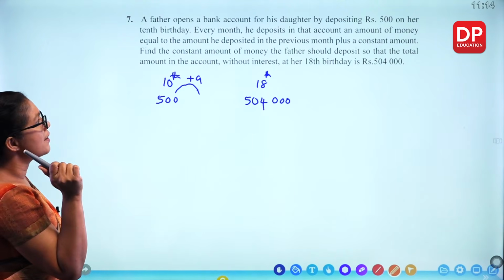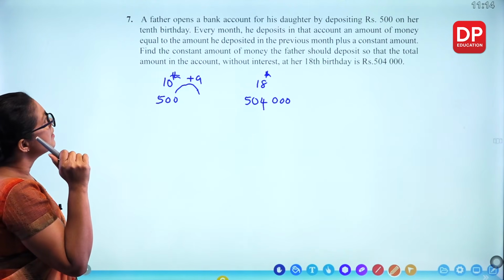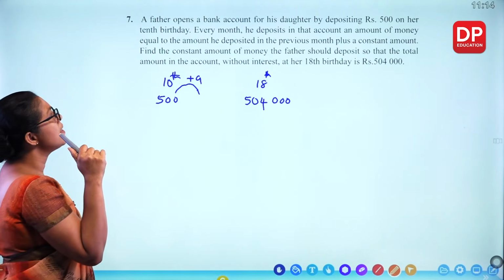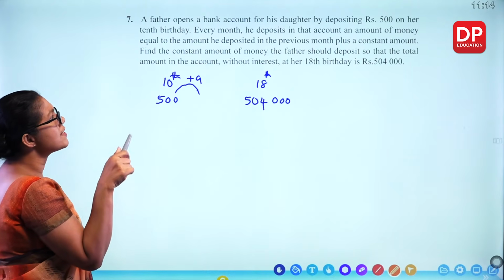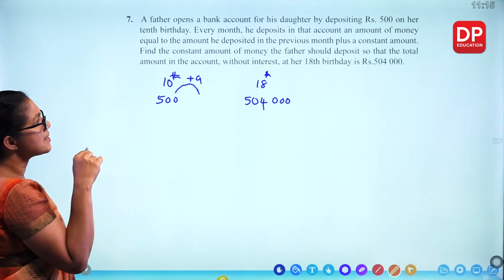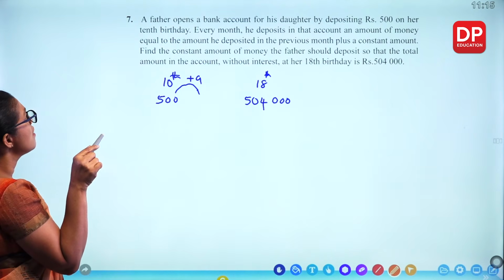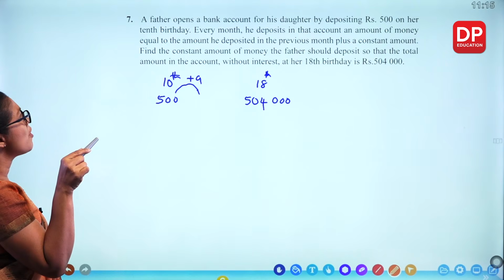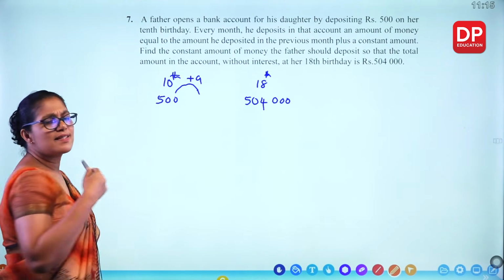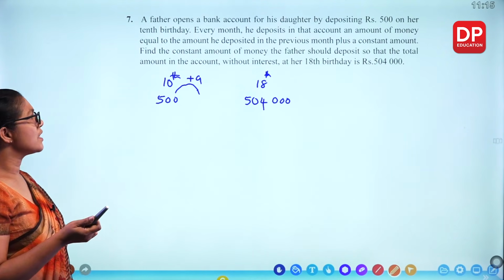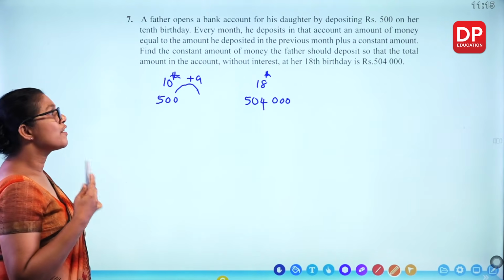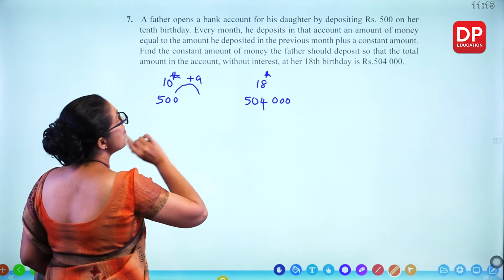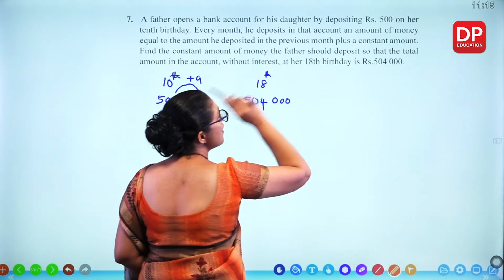So the difference is A. So that means this is an arithmetic progression. So here we need to find out the constant amount. When the 18th birthday, the total amount without the interest is 504,000.